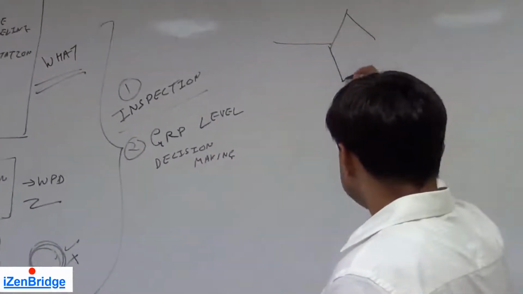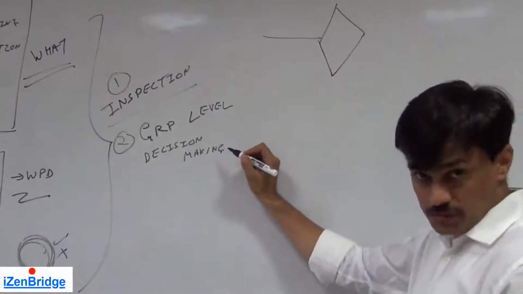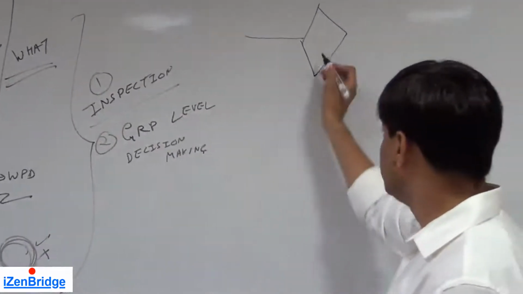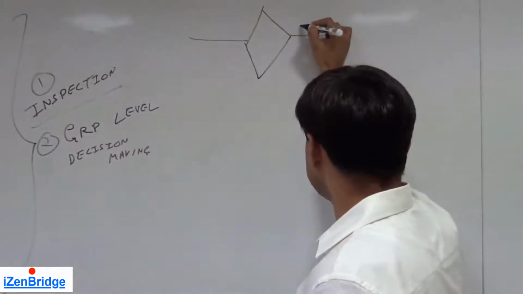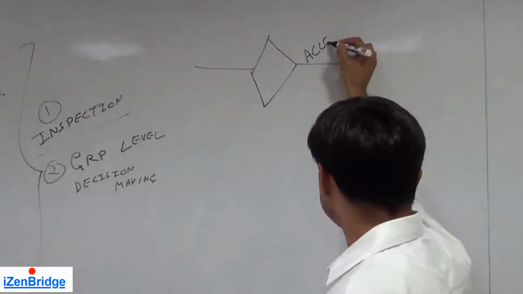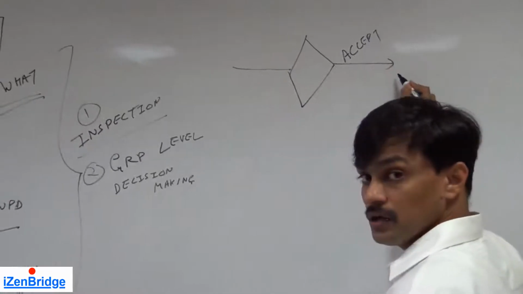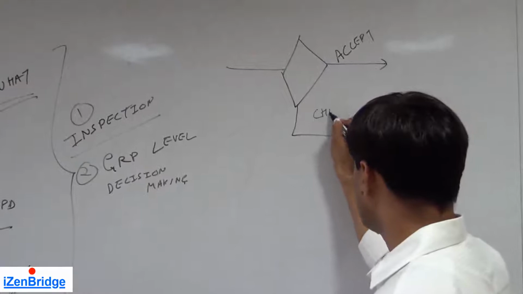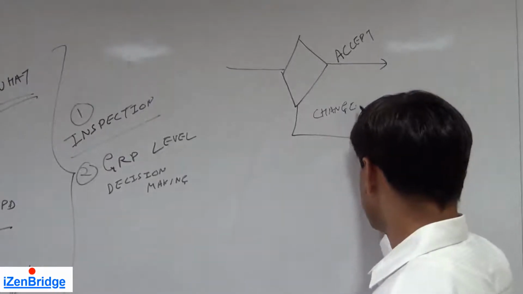Now, this group represents the customer or your sponsor who has funded this particular project. They make a decision of either accepting the deliverable or rejecting it in the form of a change request.